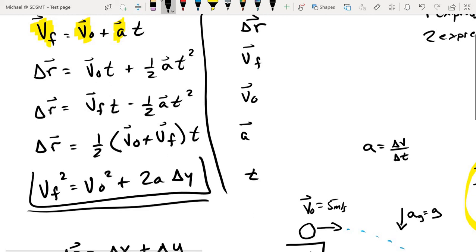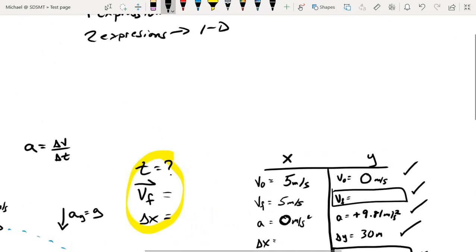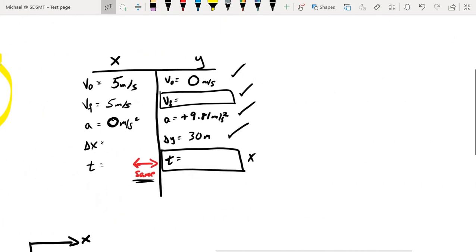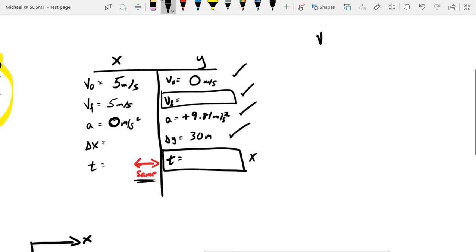And so I'm going to use this equation, but only with the information from the y column. Every value that I plug into this equation is going to come from the y column of our table.